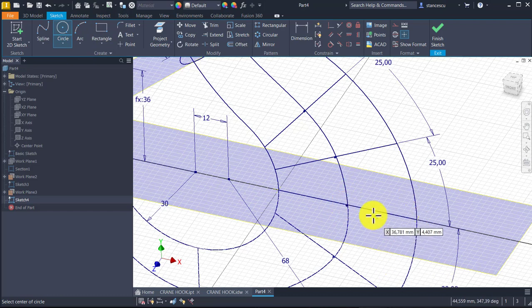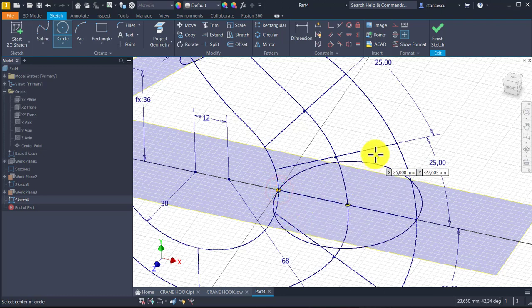I projected this other point. Wrong, my friends. This is the point. Circle with this center, green point. A green point always. And now we draw two lines.